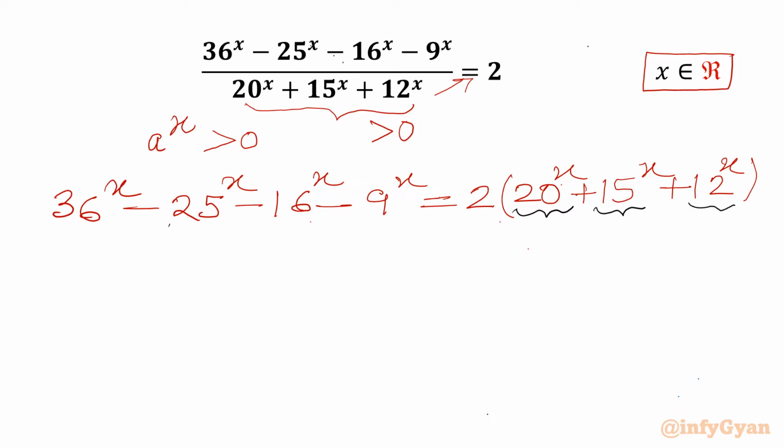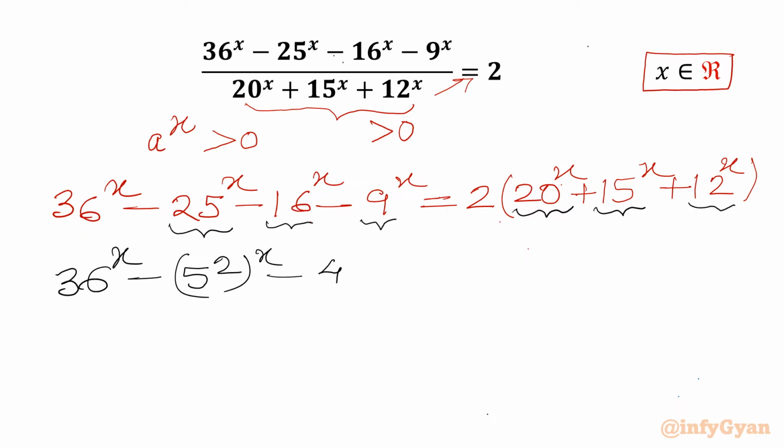And I will write 25 as 5 square, 16 as 4 square, 9 as 3 square. Let us write 36 power x minus 5 square whole power x minus 4 square whole power x minus 3 square whole power x equal to 2 times 20.